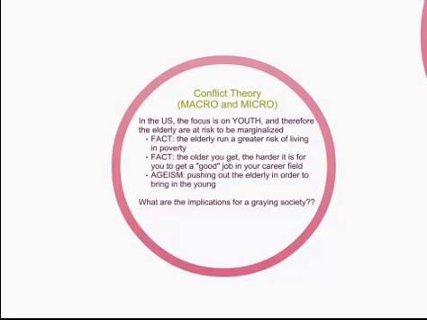There are many, many other personal issues that we could discuss, bringing this down to the micro level. One thing that conflict theorists want us to be sure we understand is the concept of ageism. This is where we push out the elderly in order to bring in the young. And so we do really need to look at the implications for a graying society.